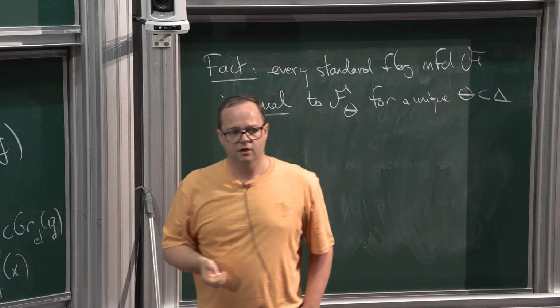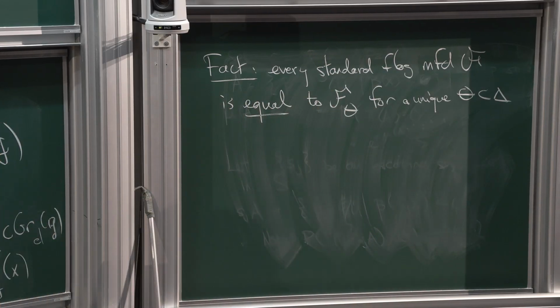Right. Because if you're working with parabolic subgroups, you'll get that a parabolic subgroup is conjugate to a unique standard parabolic subgroup. But there's not a unique conjugacy. There's not a unique isomorphism going from one to the other. And that will tend to mess up things when you're working with them. But the flag manifolds are actually equal here. Right, so this is, in my opinion at least, a description that I like.